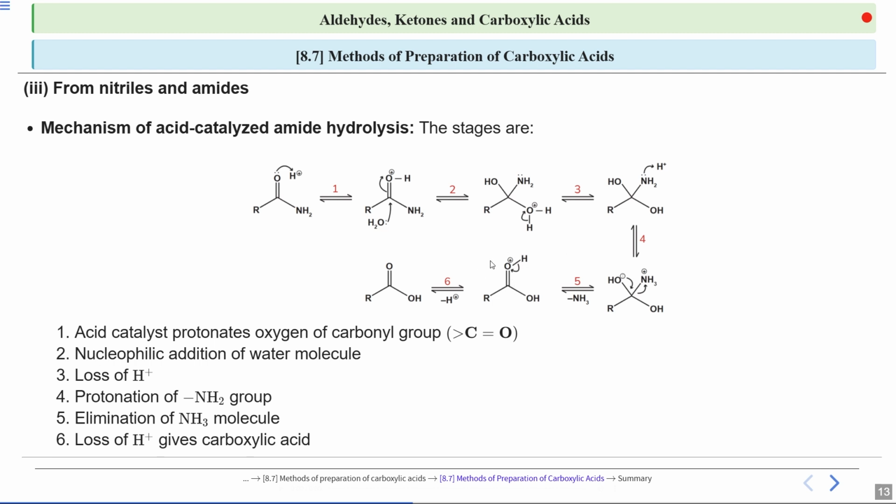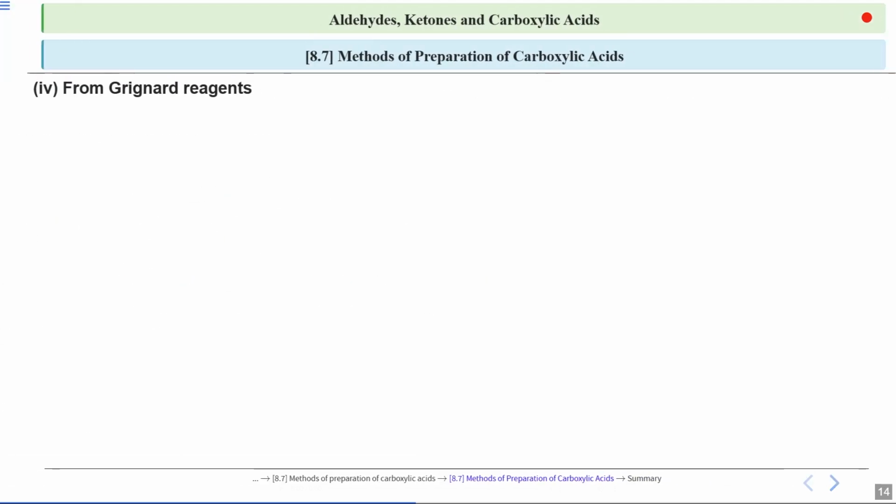Finally, there is deprotonation, that is, we lose one hydrogen to give the corresponding carboxylic acid. So we have seen how an amide can be converted into a carboxylic acid involving protonation, nucleophilic addition, and elimination. I hope this mechanism is clear.